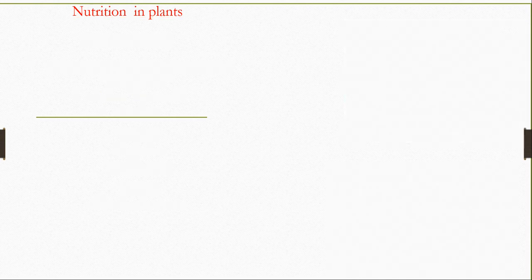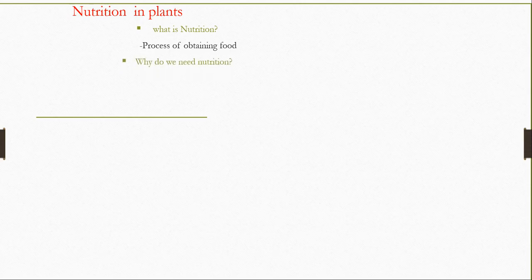Okay, in the previous slide we had seen these life processes that take place in a living organism: nutrition, respiration, excretion. So first of all, what is nutrition? It means the process of obtaining food.